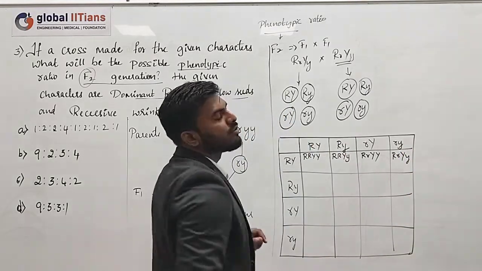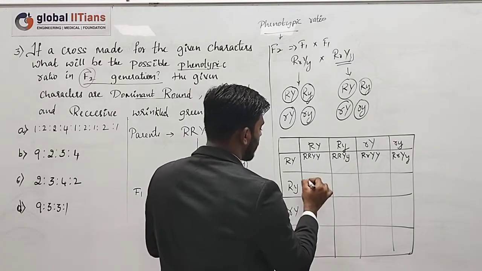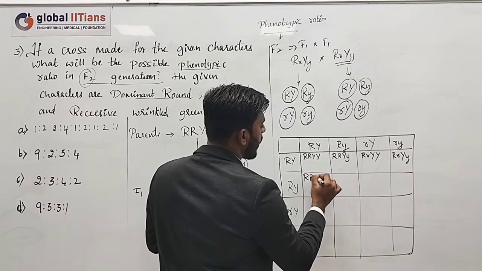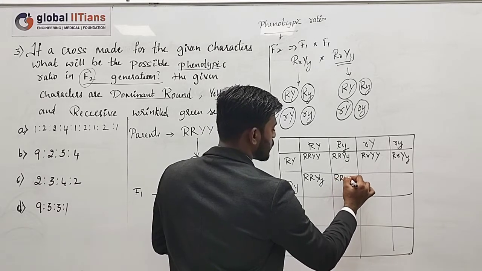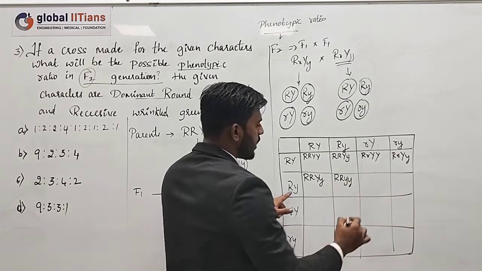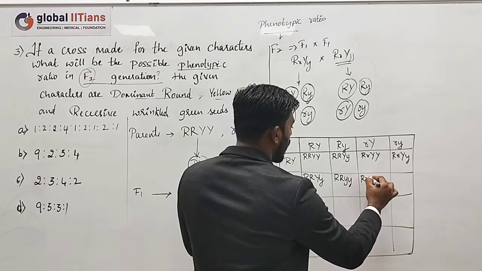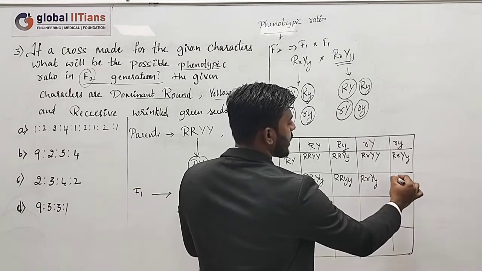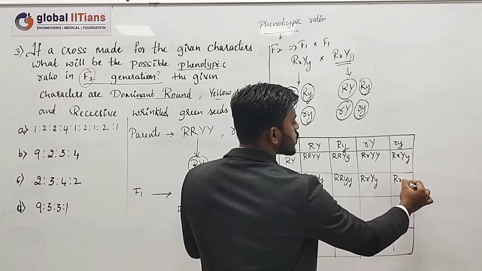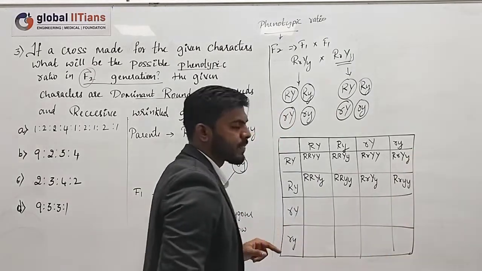In the same way we have to do this for each box: capital R, capital R, capital Y, small y, small y.